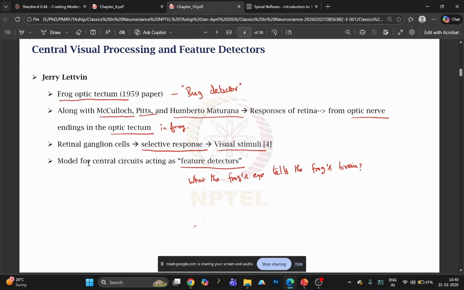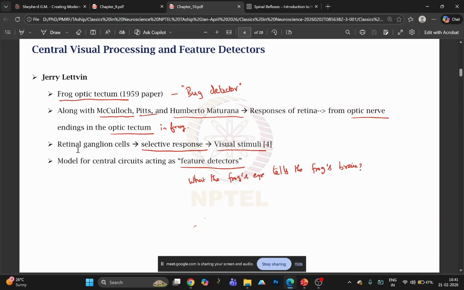So they observed that there are ways by which the retina is detecting and the information is getting integrated, such that they are able to detect features, curvatures, borders, and so on.